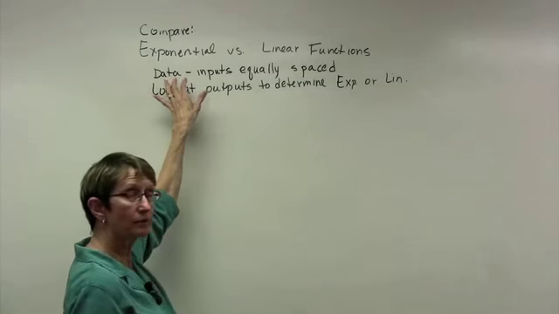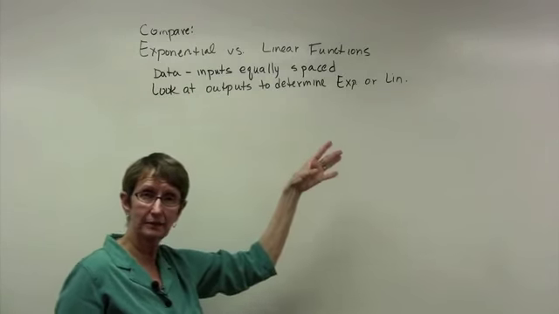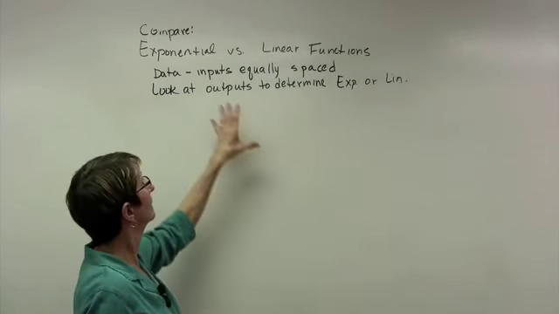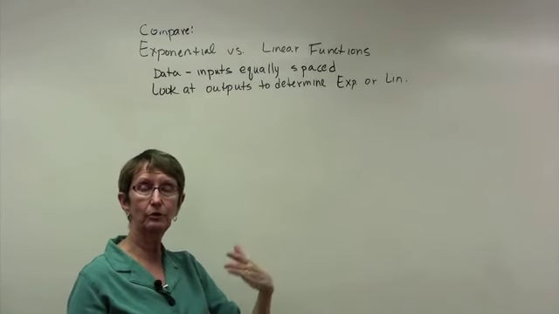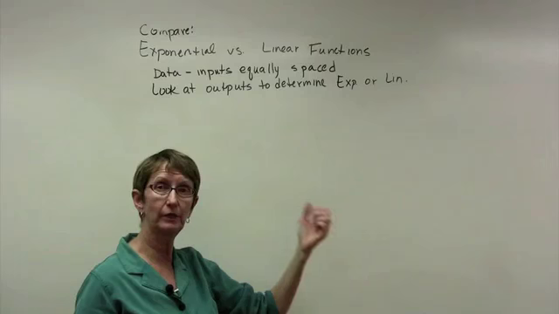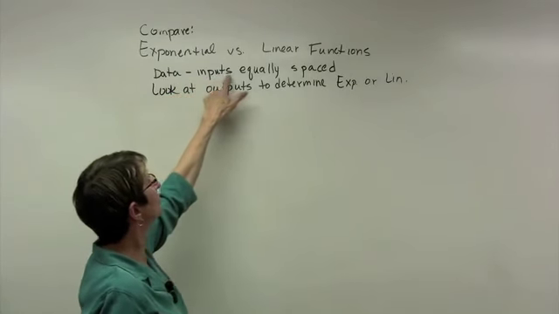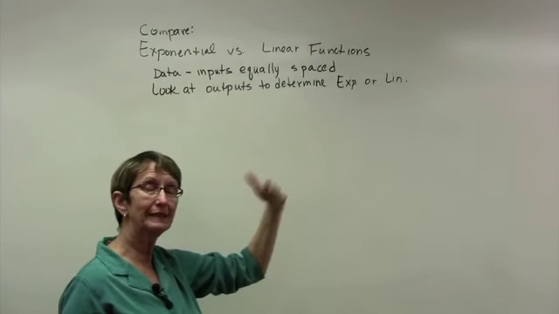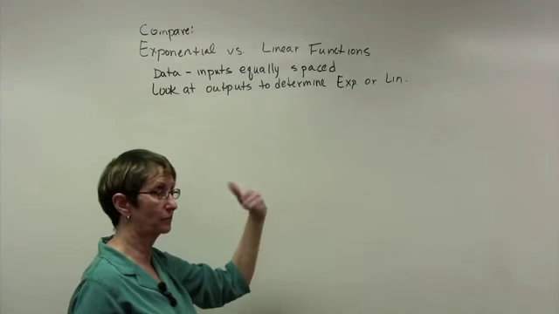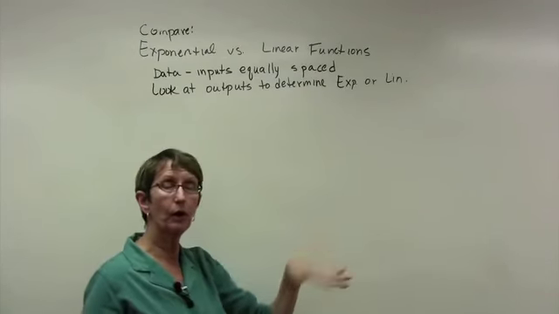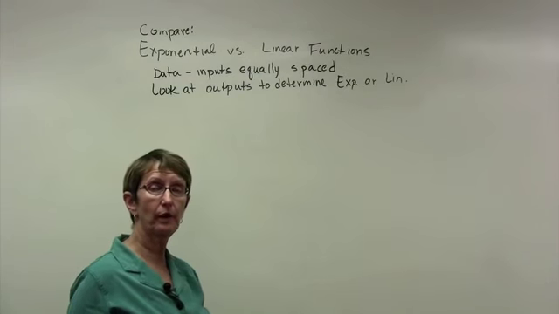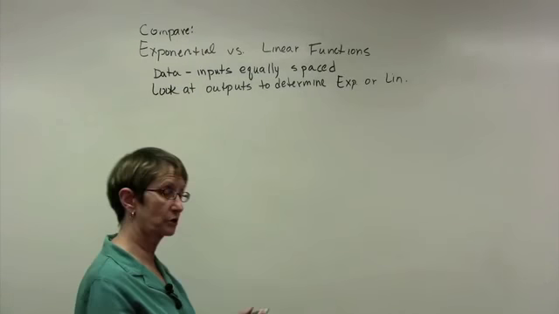So it's very helpful if you have just data, just numbers and points, to try to determine whether a function could be linear or exponential. We're going to assume first that our data is equally spaced inputs. So x would be 0, 1, 2, 3. The outputs are what make the difference as to whether it is an exponential or a linear function.